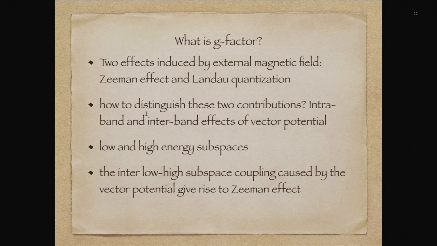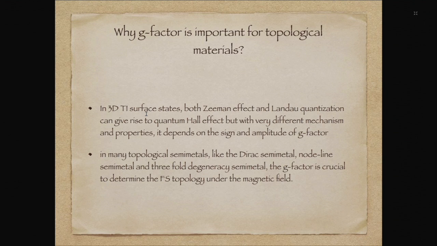So the G factor can only be defined in the low energy subspace, where it is screened from the high energy bands. And G factor is very important for topological materials.